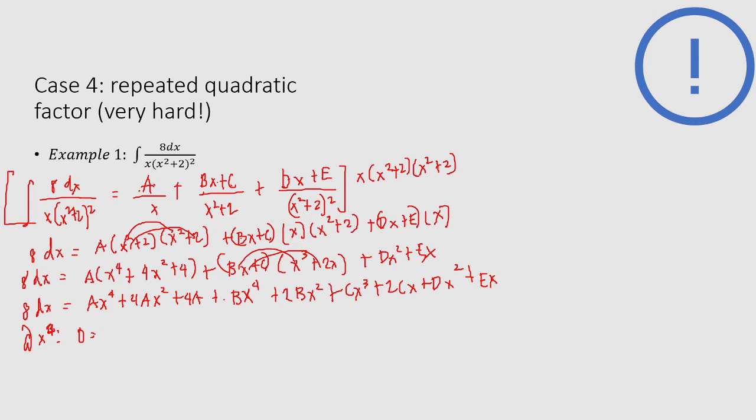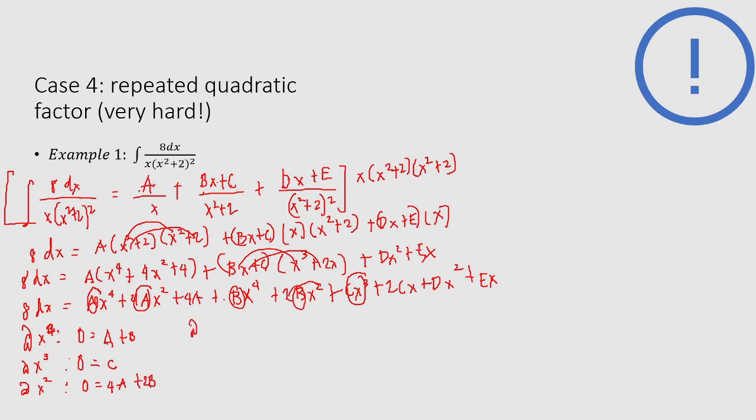Is there an x to the 5? No. Here you have A plus B. That's it. So at x cubed, we look for x cubed, we have C. Only C. So 0 equals C. At x squared, we have 4A, so 0 equals 4A plus 2B.